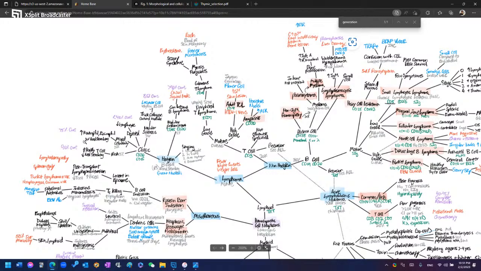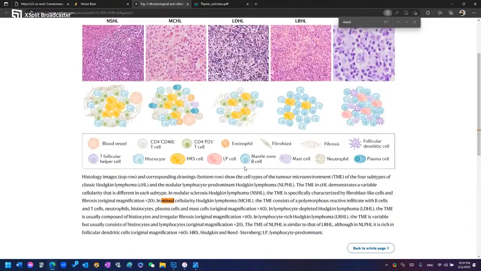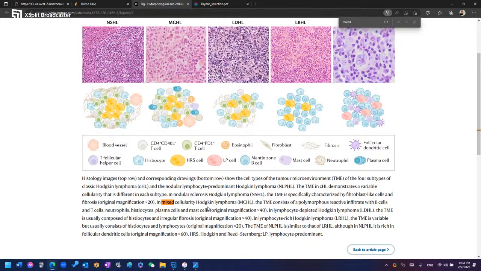They're not as bad. You could have the next thing where you have mixed cellularity. Mixed cellularity is MH right here. What's LDHL? Depleted. Okay. Yeah, we're going to go next to the cell rich.